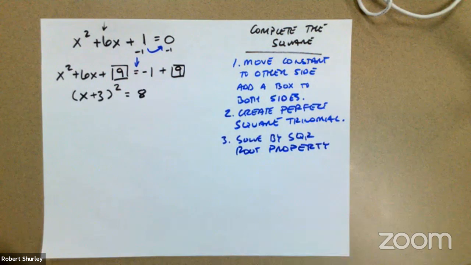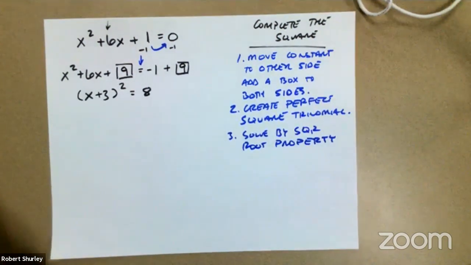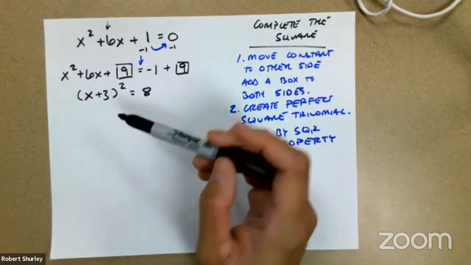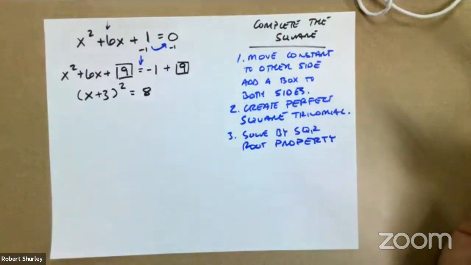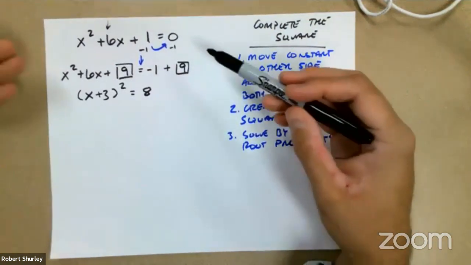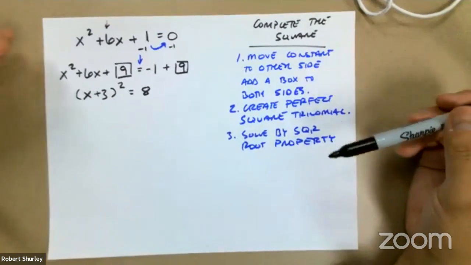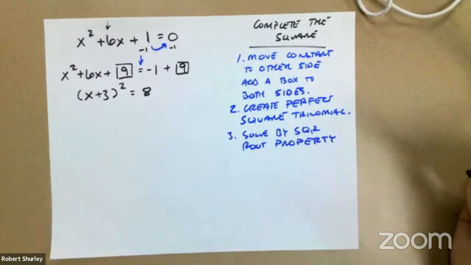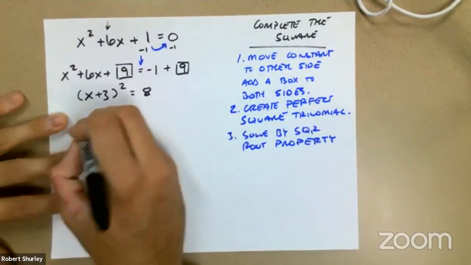Kind of neat, okay? So we manipulated a basic quadratic into a, hey, all we have to do now is take the square root of both sides. Don't forget the plus or minus, right? And then solve it out. Any questions on this one other than, okay, yeah, I need to see like 4 or 5 more of those, right? Okay, so let's take the square root of both sides.